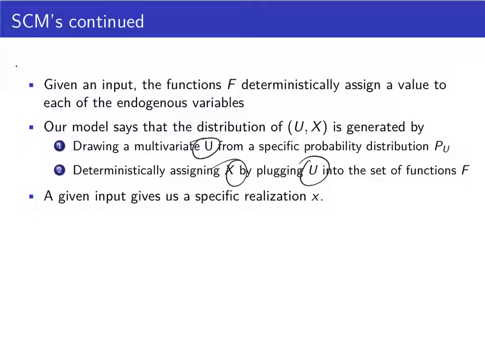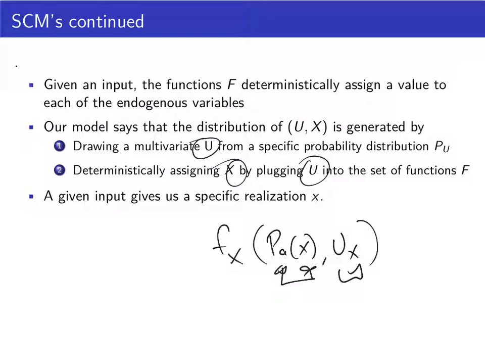That's part of our idealized world: once I have an f of x, let's say, and it might be a function of the past, so I'll just say parents of x and sub u of x, once I know what the parent values are and what u is, then I'll always get the same number here. It won't change. I don't have randomness in the function.